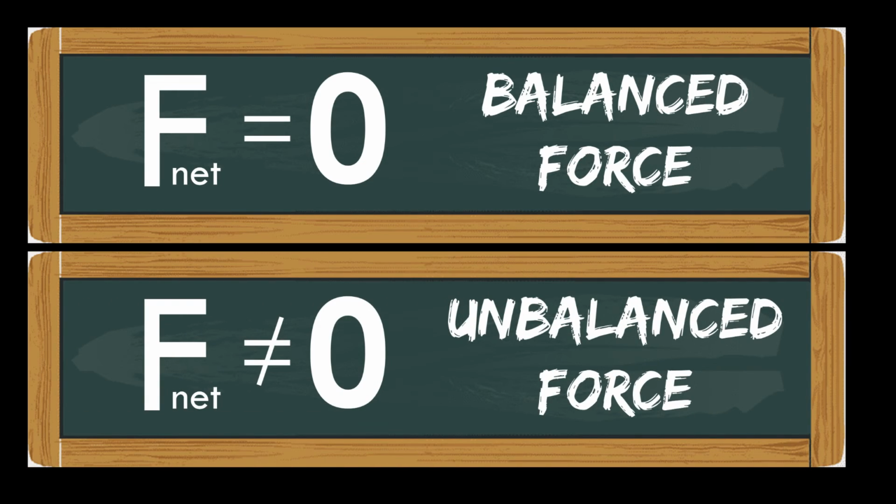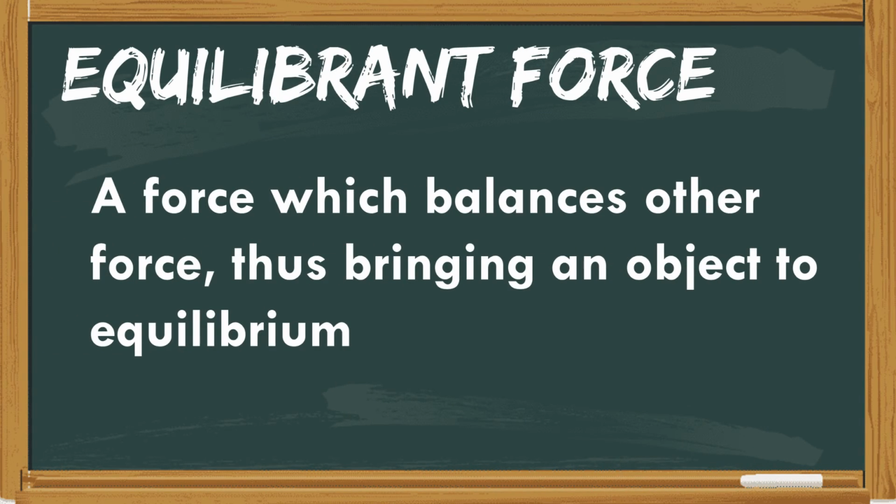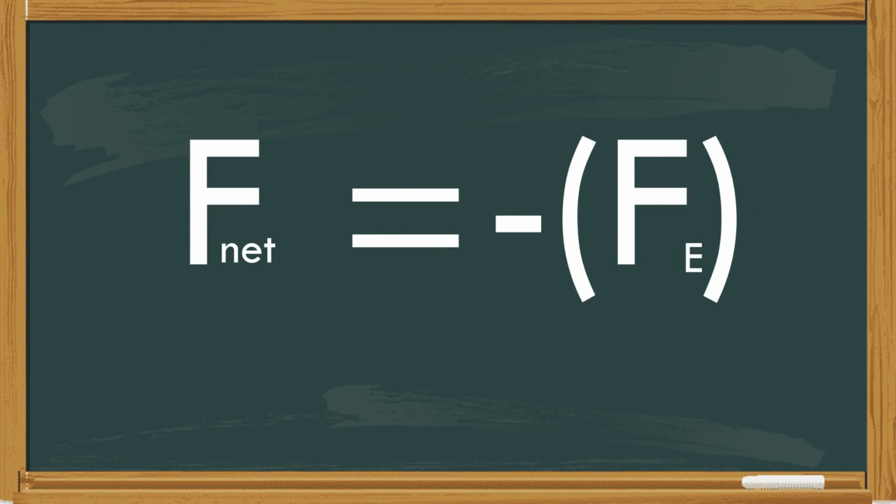And if the net force is not equal to 0, all forces acting on the object is unbalanced. And lastly, you learn that when forces are unbalanced, it needs an equilibrant force. An equilibrant force is a force which balances other force, thus bringing an object to equilibrium. The equilibrant force is always equal to the net force but opposite in direction or in sign.